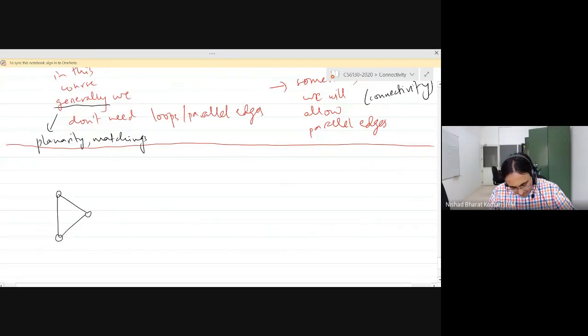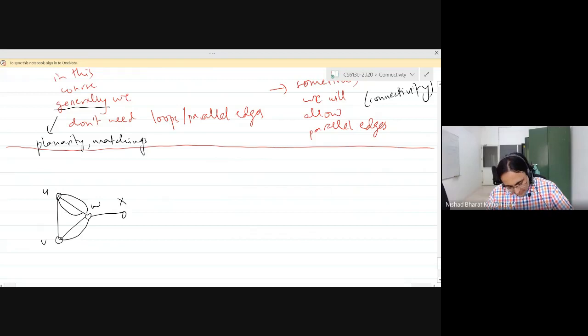For example, if this is my graph, U, V, W, X. Remember what is a cycle? You can view a cycle as an ordered sequence of vertices. For example, UVW is a cycle. But now there is a problem, because what do you mean by VW?